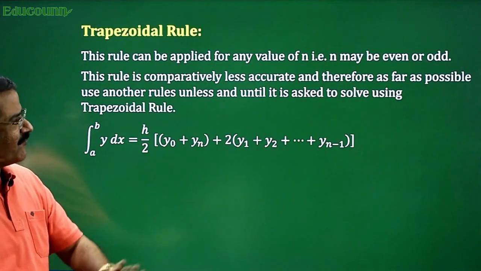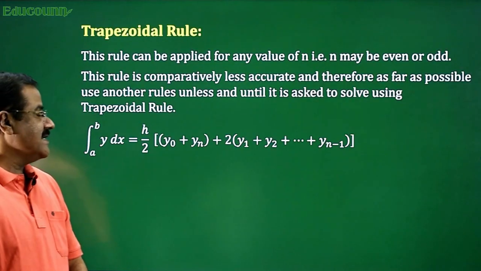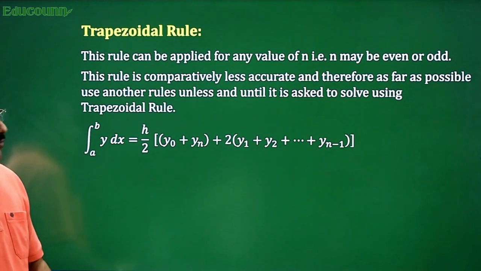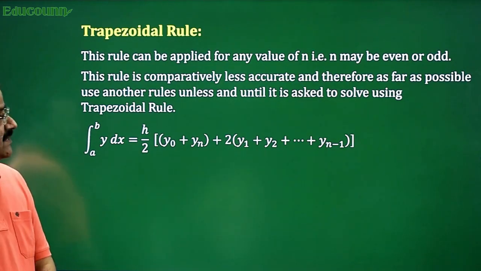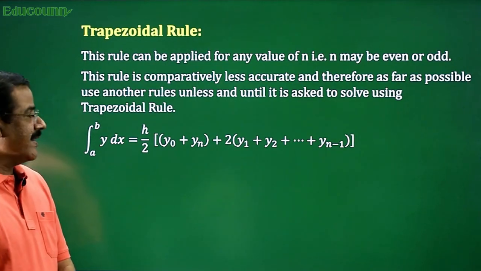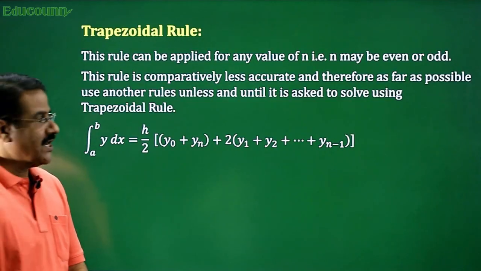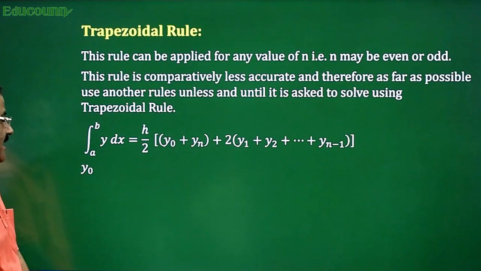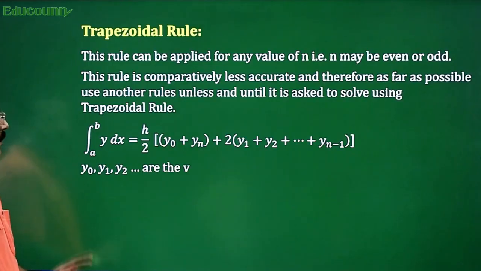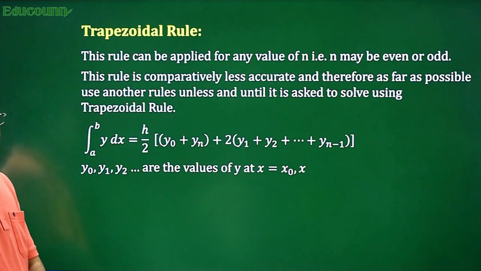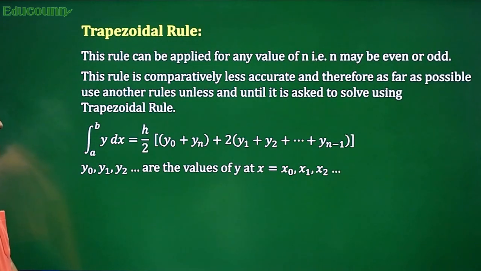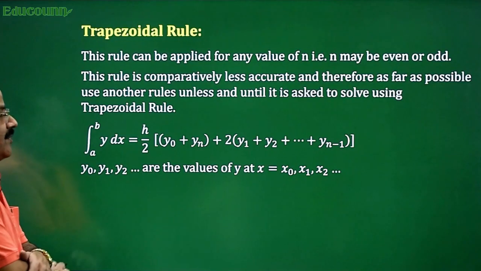So this is the simple formula that you can remember, that is h/2 [y0 + yn + 2(y1 + y2 + ... + yn-1)]. y0, y1, y2 are nothing but the values of y at x = x0, x1, x2, etc.